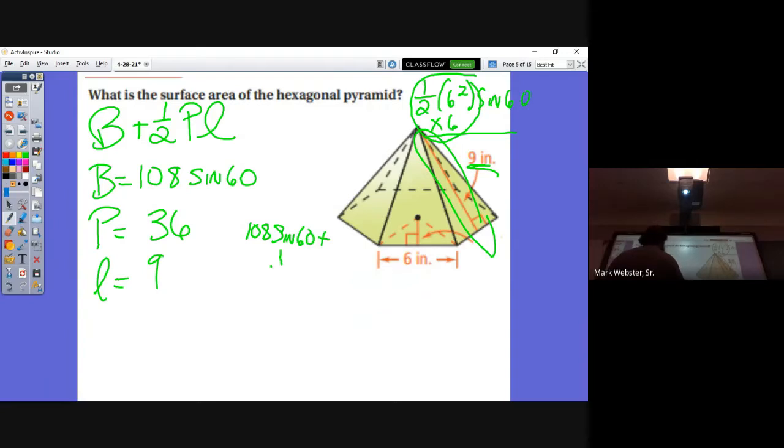And then we're just going to do this, right? One half PL. And then we're just going to throw that into the calculator. Make sure to close your parentheses after that sine, because it's going to throw your answer off if you don't.